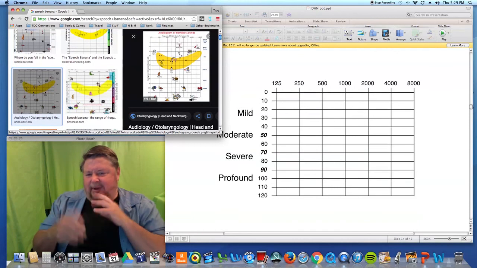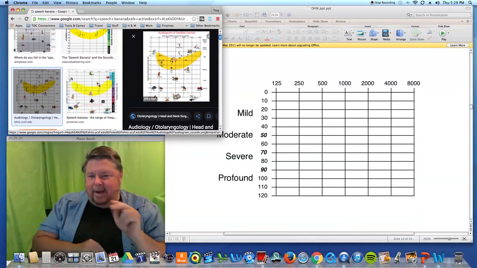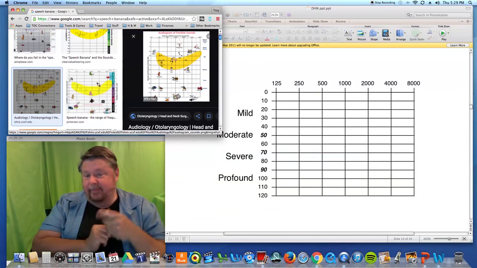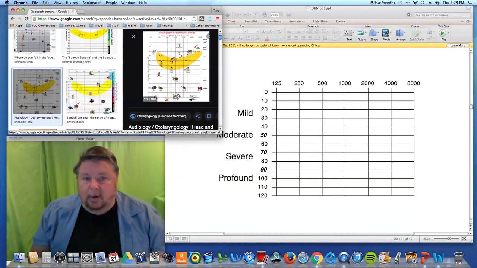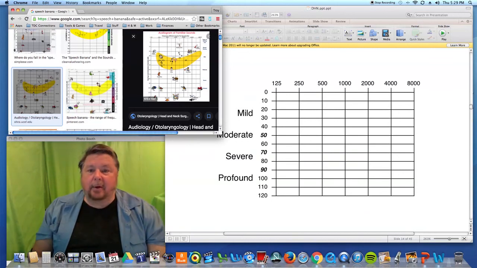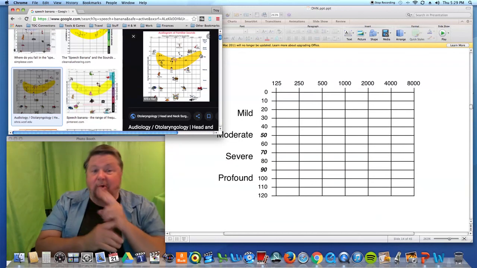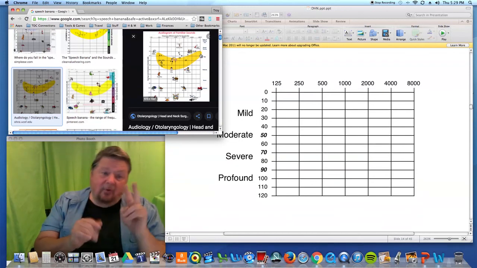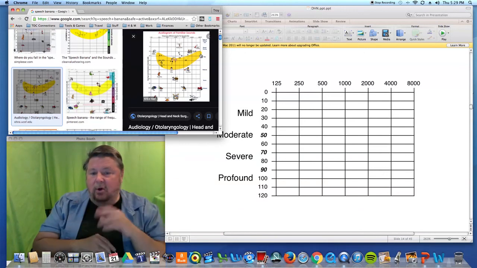It's called a speech banana because, and so where are speech sounds heard? Okay, so maybe I was at 250, right? And then you go all the way up to the higher end. So between 250 and 2,000, 4,000 is your speech sounds range.